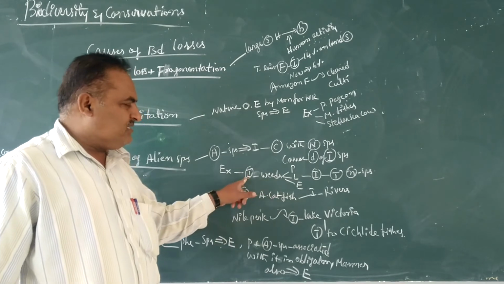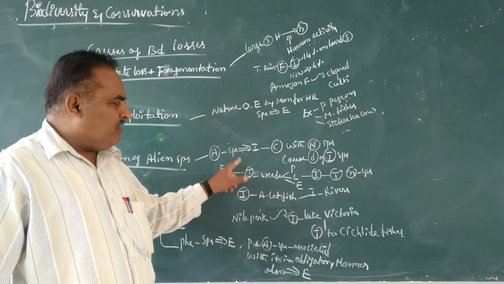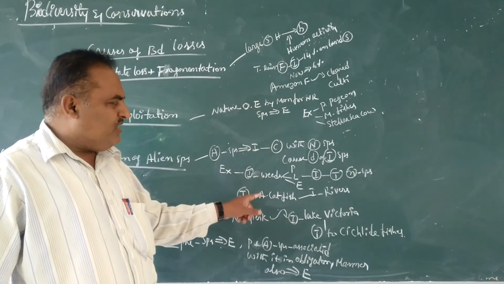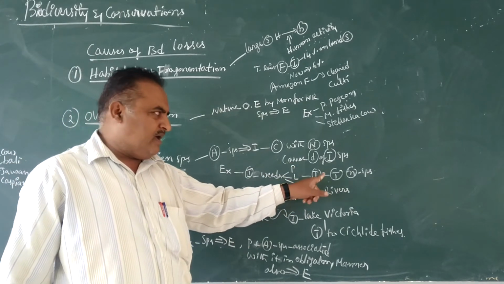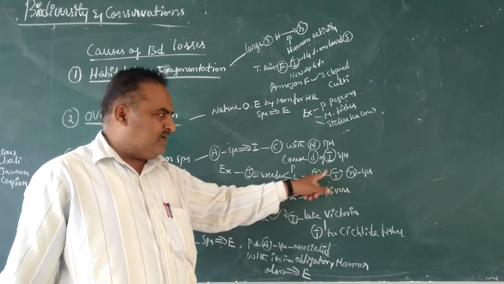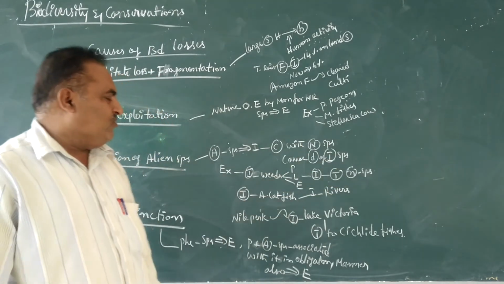Introduction of invasive weeds like Parthenium, lantana, and Eichhornia in India is a threat to native species.